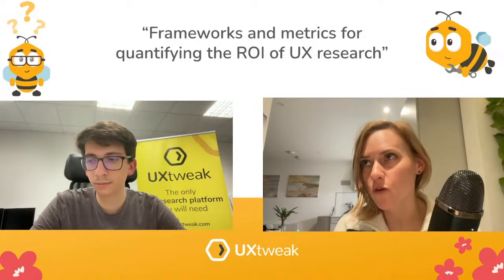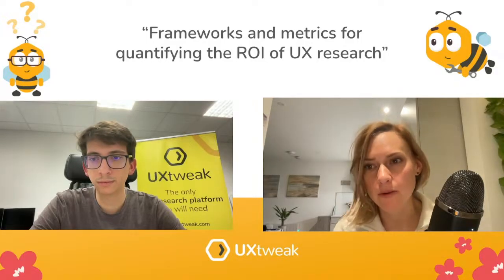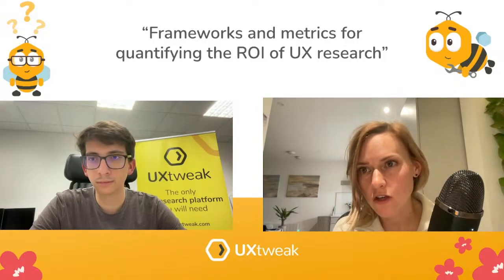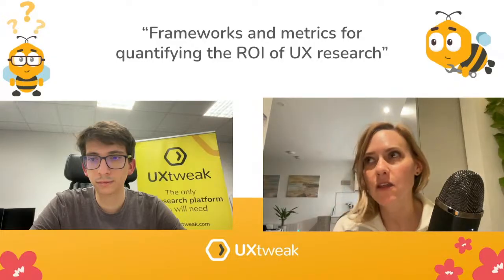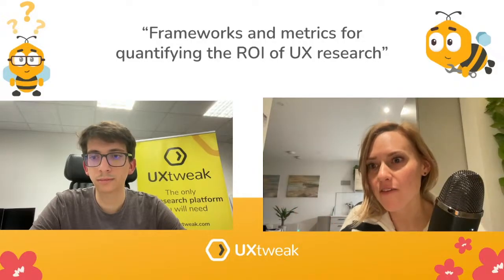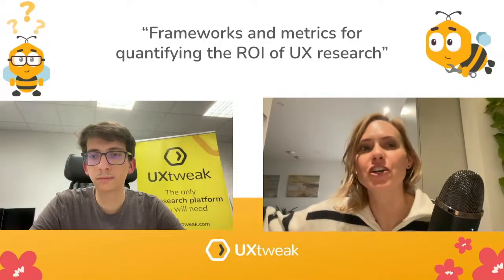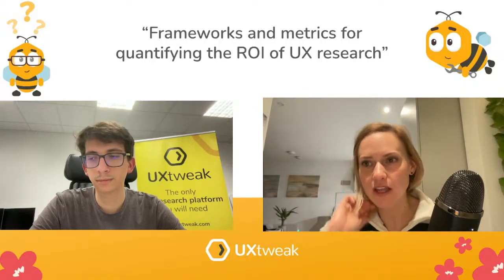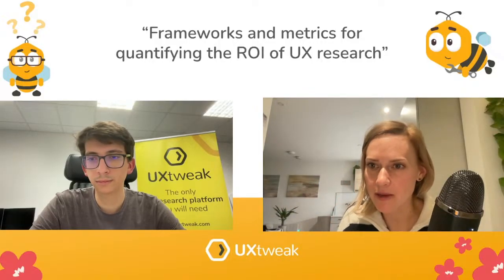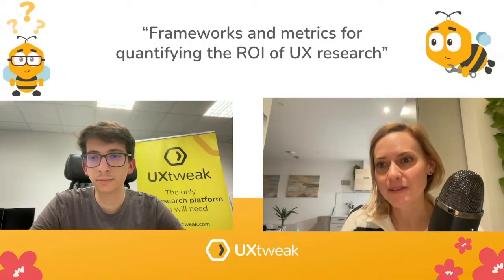We did research, we found out how to fix it, and now we're up to an 80% task success rate. So that's huge because then you can say, of that percentage increase, we now have that many more customers, and that could then equal retention or revenue, right? So all of these things sit with each other, if that makes sense. So highly recommend the pirate metrics as a good way to get started too.